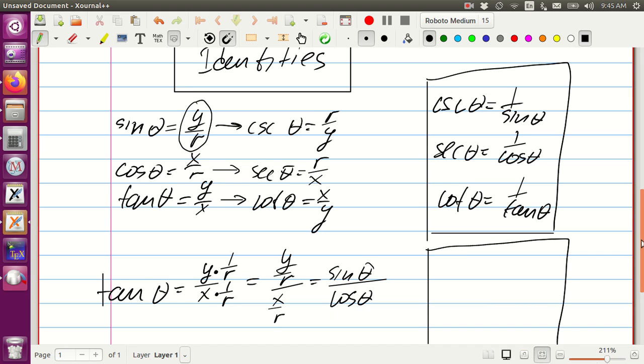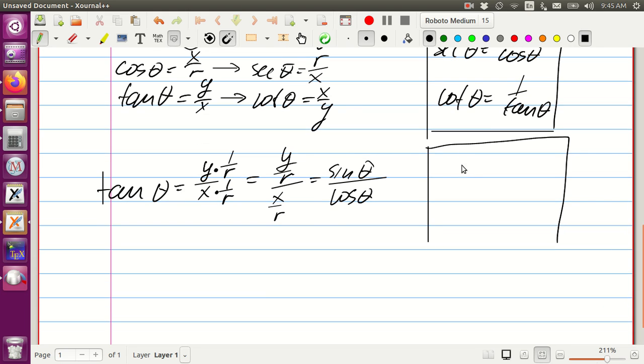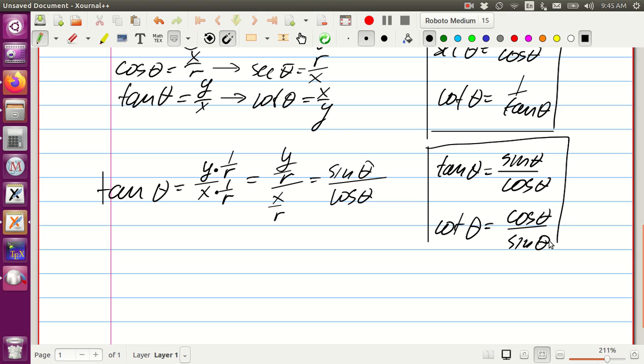So the identity that we get is tangent of theta is sine over cosine. And cotangent, which is just the reciprocal of tangent, is going to be cosine over sine. That comes directly from the definitions.